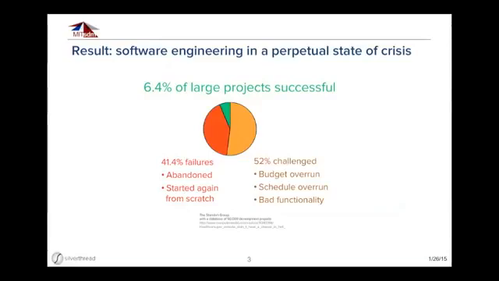There was a study done by the Standish Group. This was looking at thousands of large software projects over the course of a decade, and they found that a little bit under 7% of those projects were successful.